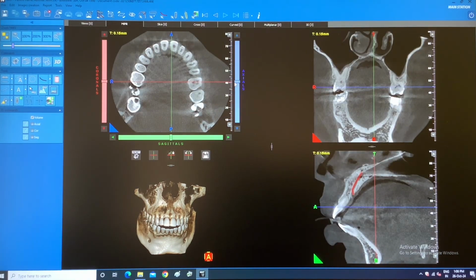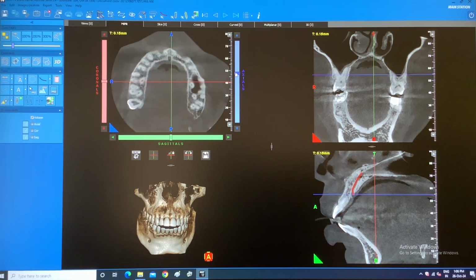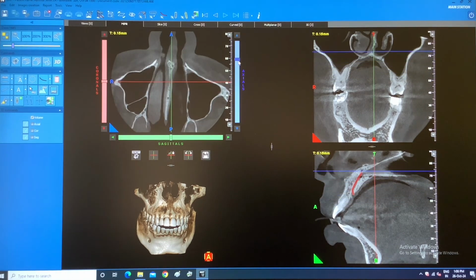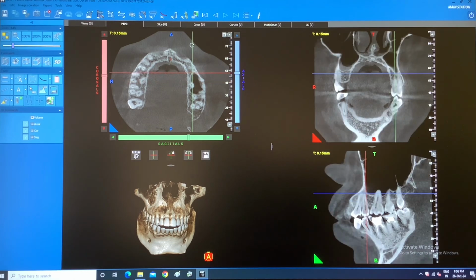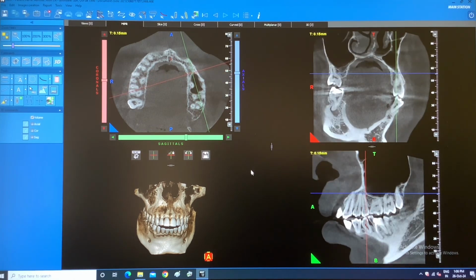And in IOPA radiograph, we see an important finding, that is the Y line of Ennis, which is the area where the posterior wall of the nasal floor and the anterior wall of the maxillary sinus meet.